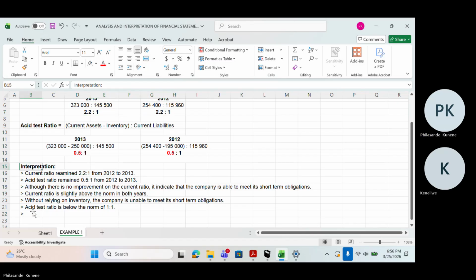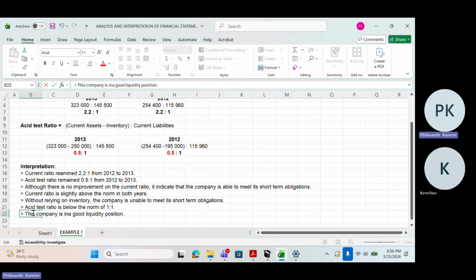So now we need to state that this company is in a good liquidity position, and it should be able to meet its short-term debt.